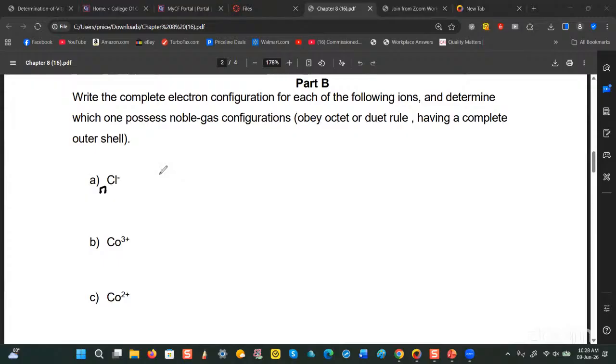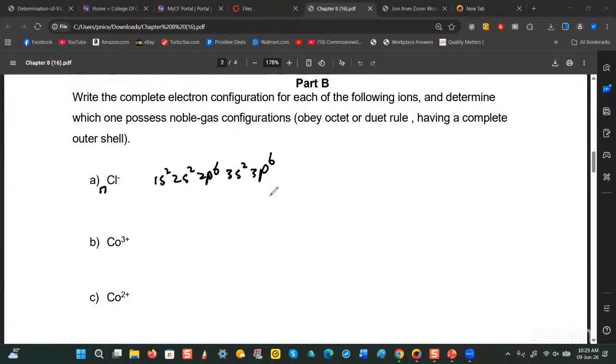So the electron configuration of chlorine will be 1s2, 2s2, 2p6, 3s2, 3p5, right? That would be the electron configuration of the chlorine atom. But it's asking for the chloride ion, which means that we need to add 1 electron to the 3p sublevel, so that becomes 3p6. And the question is asking whether or not this obeys the octet rule.